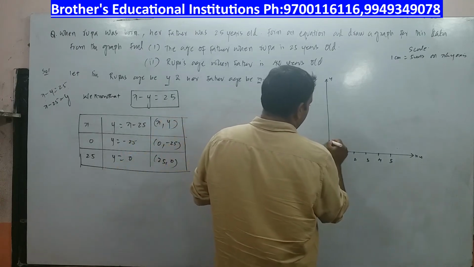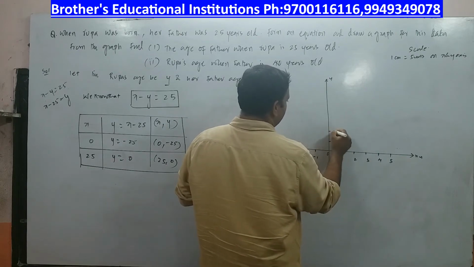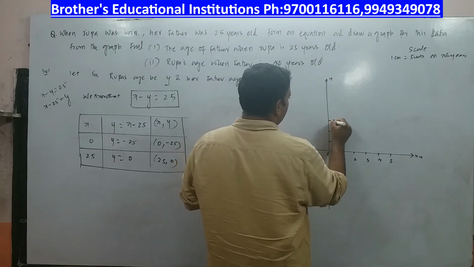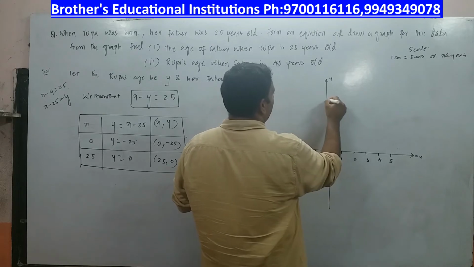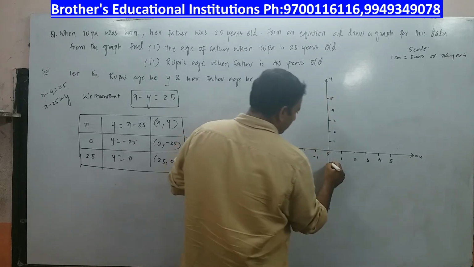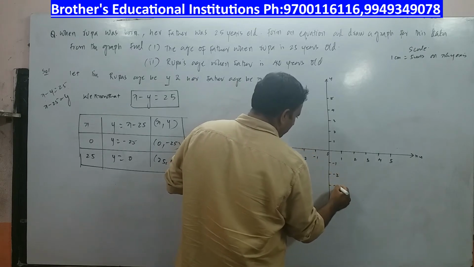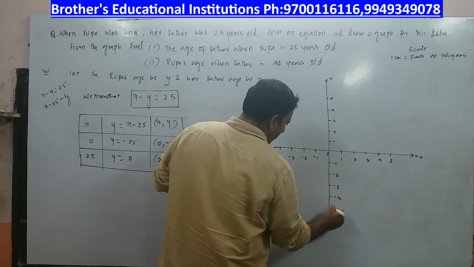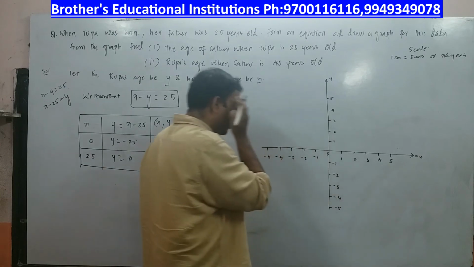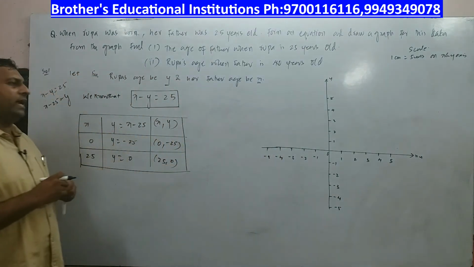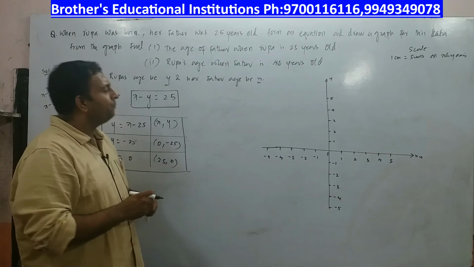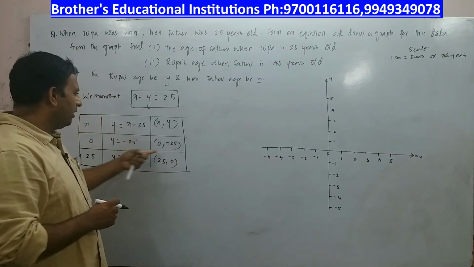This is 0. This is again 1, 2, 3, 4, 5. This is minus 1, minus 2, minus 3, minus 4, minus 5. Alright. So like this you have x-axis and y-axis. I have taken it roughly. So for x is equal to 0, y value is minus 25.